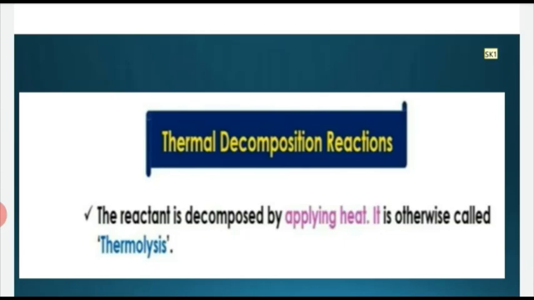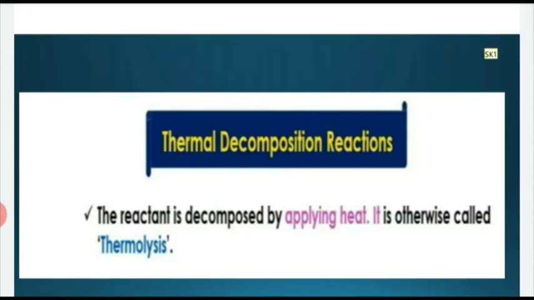For example, on heating, mercury(II) oxide is decomposed into mercury metal and oxygen gas. As the molecule is dissociated by the absorption of heat, that is why it is otherwise called thermolysis. In a thermal decomposition reaction, heat is supplied to break the bonds.